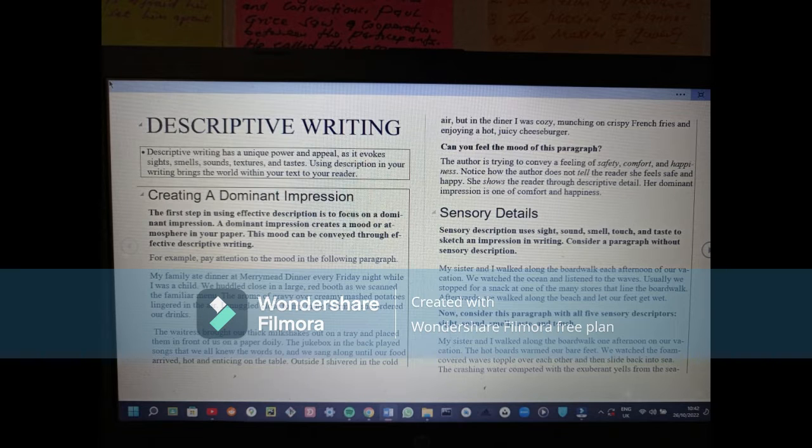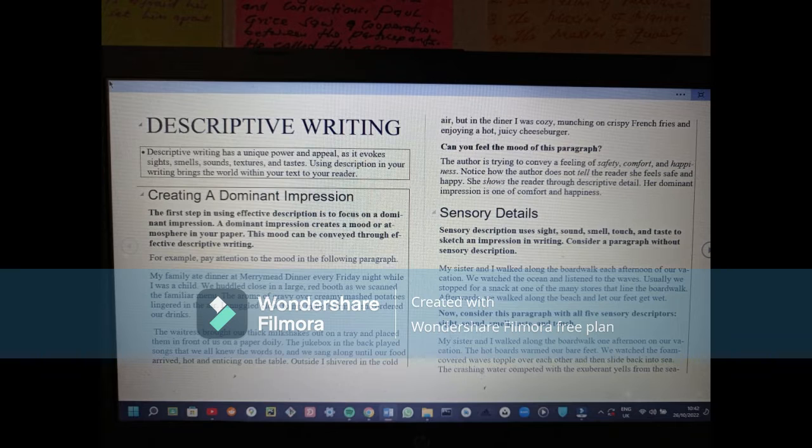So you have to remember that descriptive writing has a unique power and appeal. Why? Because it evokes sight, smells, sounds, textures, and tastes. You must have heard that you are told, don't tell but show.